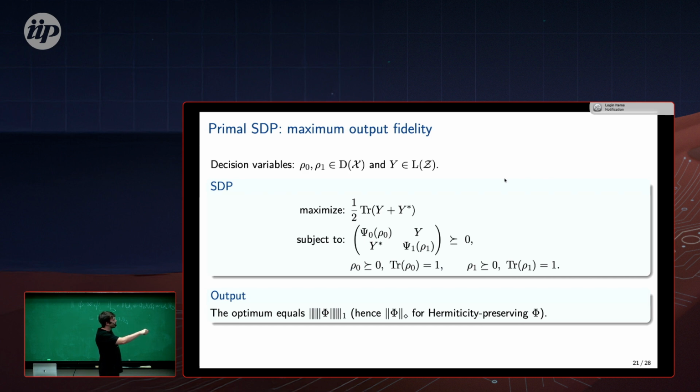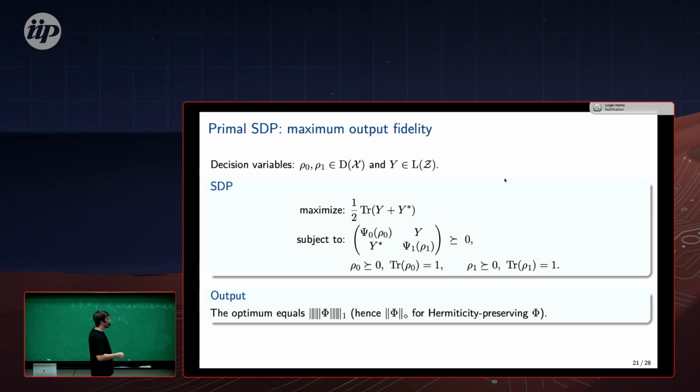So for a fixed rho 0 and rho 1, this would just be the fidelity between psi 0 rho 0 and psi 1 rho 1, right? But by the Watrous formula, we also need to optimize over all possible rho 0 and rho 1, because then this would give us the diamond norm.